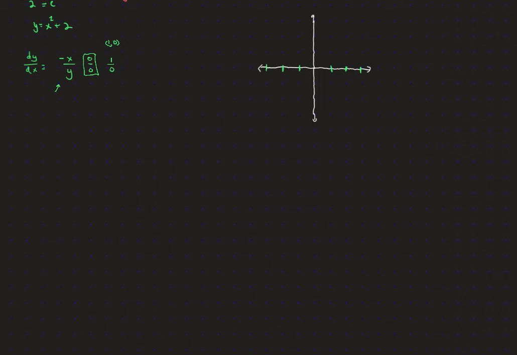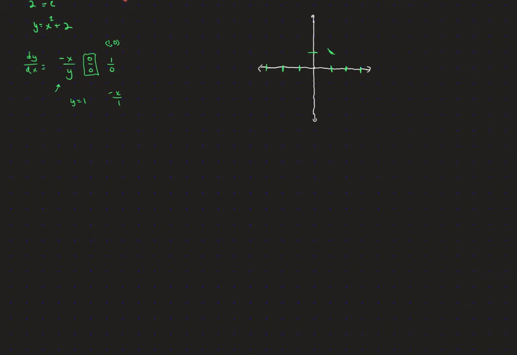Okay? Now, if we go to a point where the y value is positive 1, then what we're going to get is negative x over 1. So when x is 0, we're going to get 0 over 1, which is 0. When x is positive 1, we're going to get a negative 1.